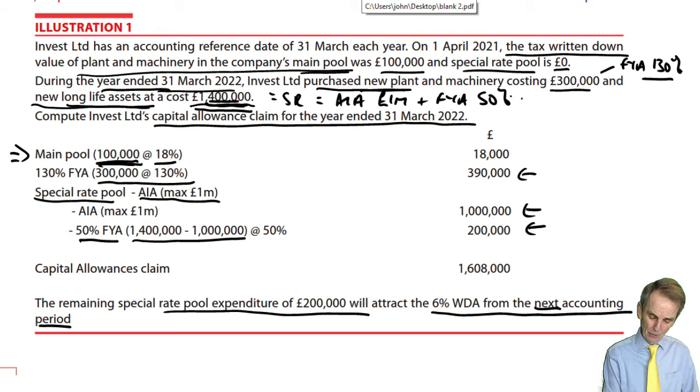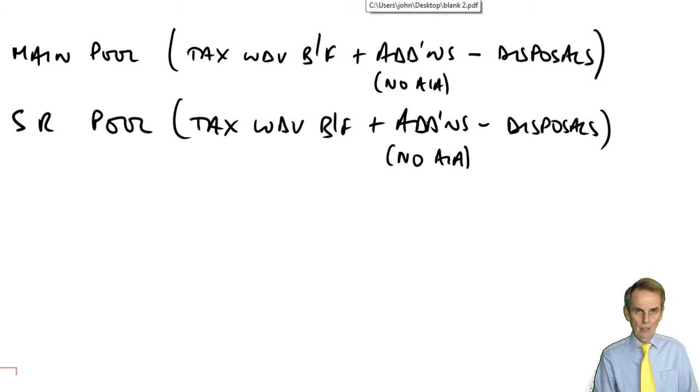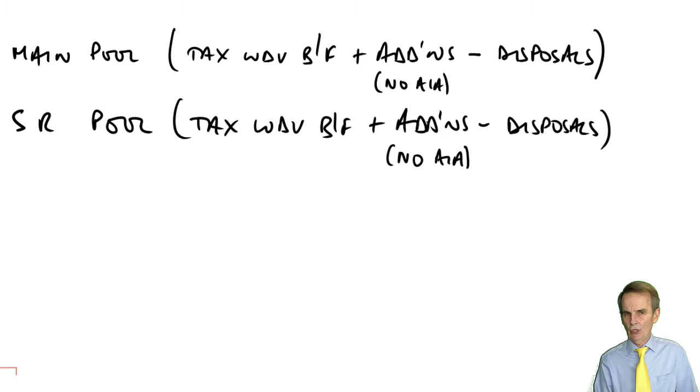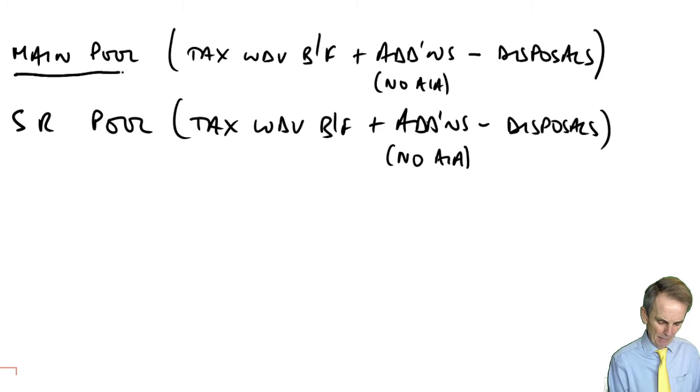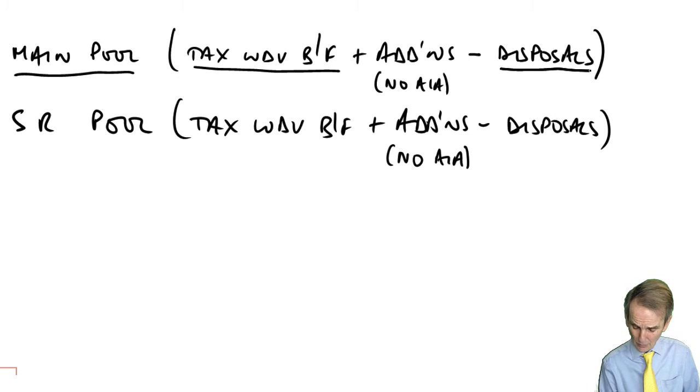So the main pool, and if necessary the special rate pool, might need, though I doubt this, certainly I doubt it in terms of a Section A 2-mark objective testing question anyway, but we've got your main pool in this example. We had a tax written down value brought forward. There were no additions to that pool, there were no disposals, so we just take an 18%. If there were disposals, as we have said, we'd take those out.